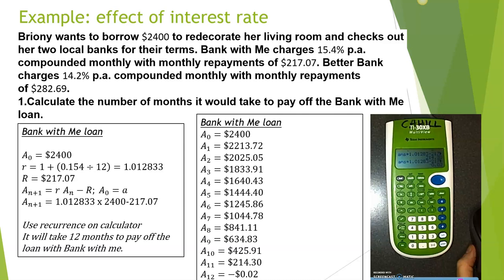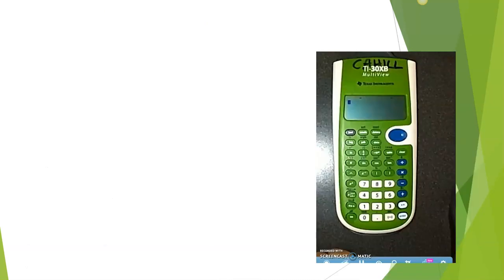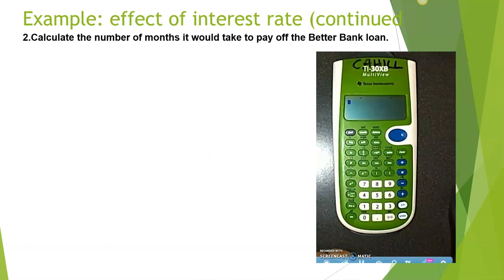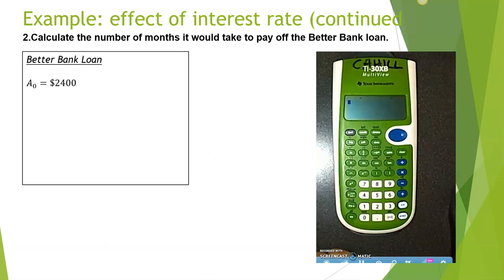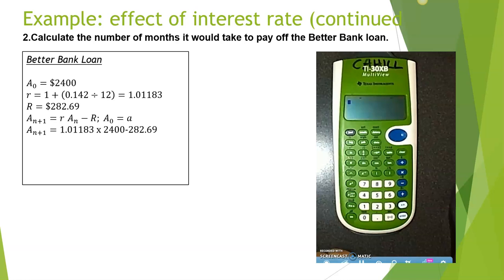So now let's compare that with Better Bank. So once again, we set up a recurrence relation. The interest rate this time is 14.2%, and our payments are $282.69. So here's our recurrence relation. Going to put that into our calculator.